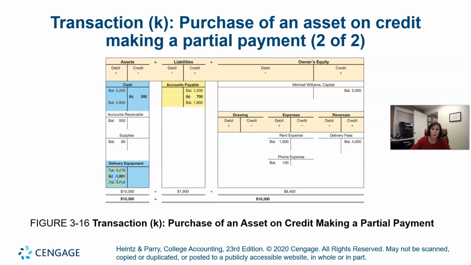And then we see the debit for the full price of the equipment, regardless of the fact that we haven't actually paid for all of it. And so between these 3 entries, our balance sheet equation remains true.